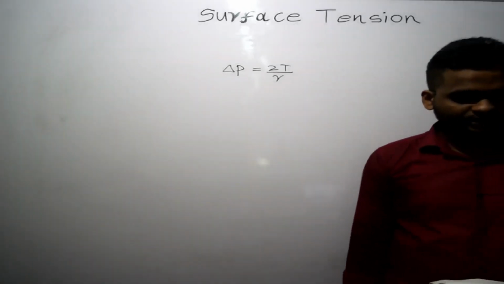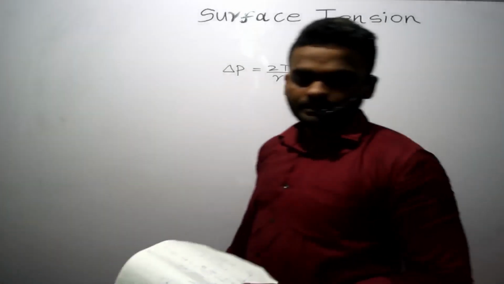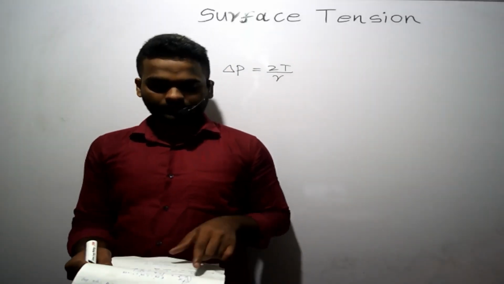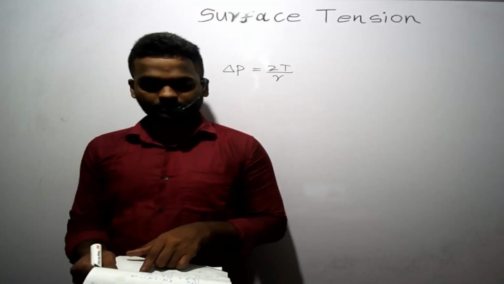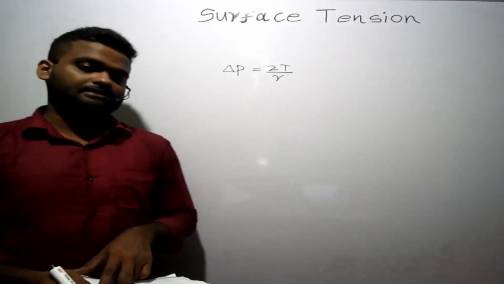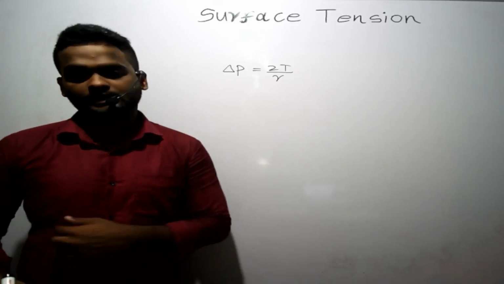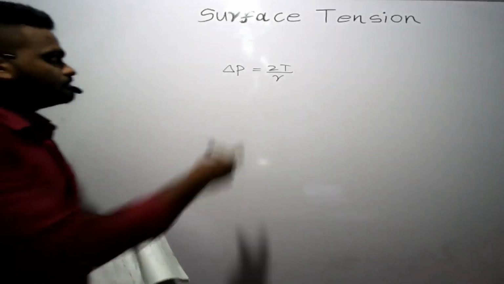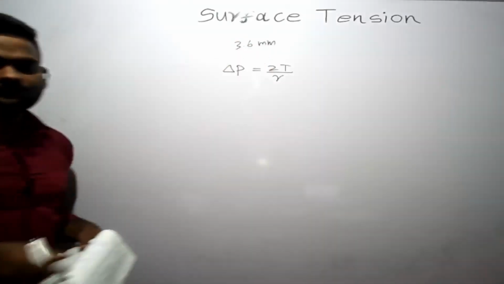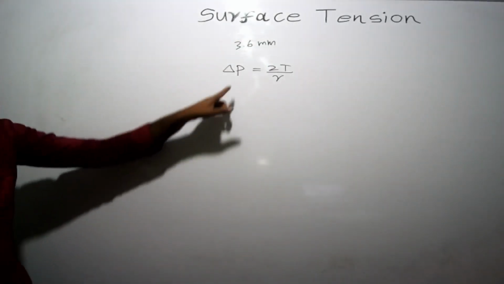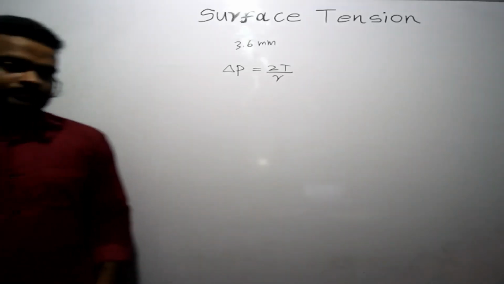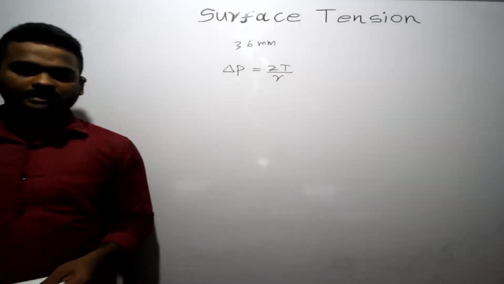Find the excess pressure in a water drop with radius 3.6 millimeters. You can use this equation, right? 2T over R. And tell me the answer.